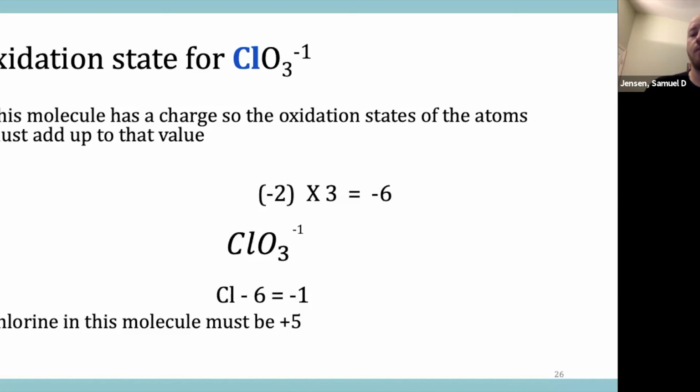Chlorine cannot be -1, because -1 minus 6 is not -1. The oxidation state for the chlorine changes because oxygen is more electronegative than chlorine. So oxygen pulls the electrons towards it, leaving the chlorine feeling like it has fewer electrons.